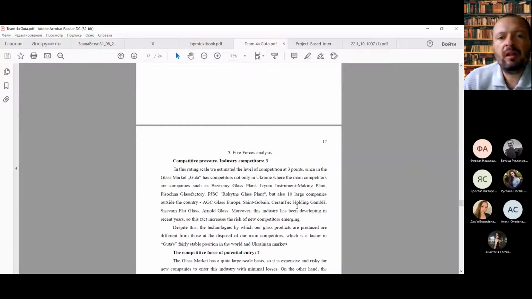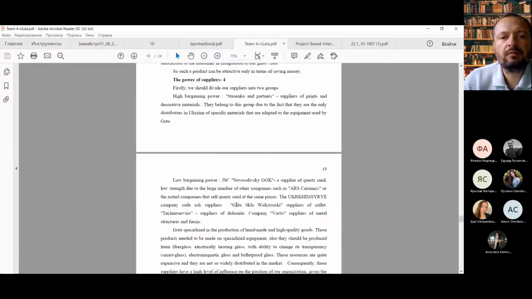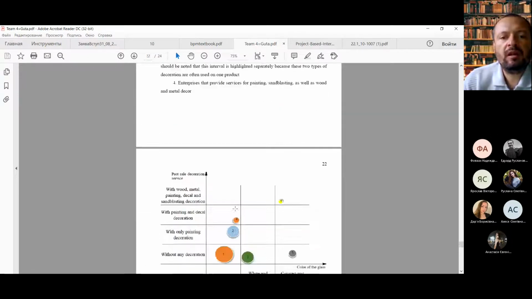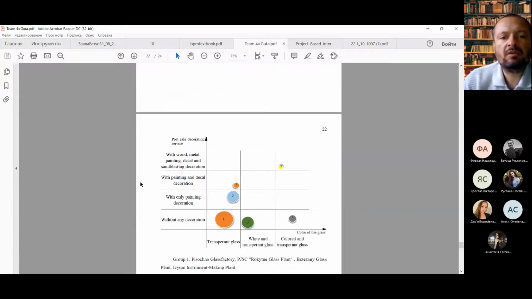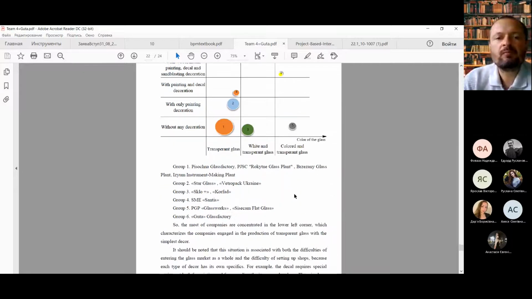Then you will have to prepare the 5 forces analysis by Michael Porter. Then you will have to create the strategic group mapping for your industry and for your company, and to set the company in some box.